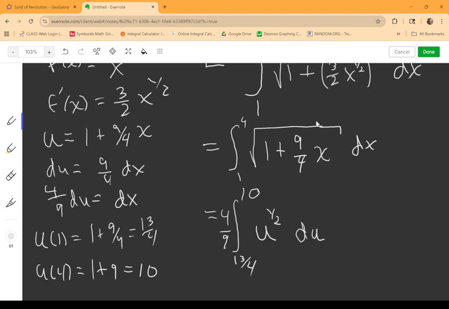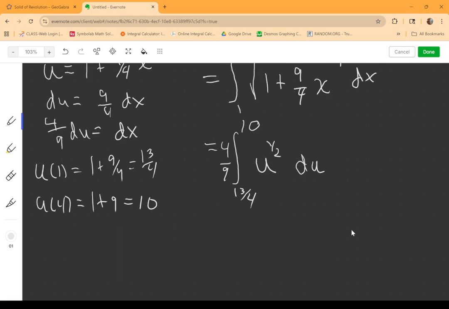Now we have a straightforward integral. We just apply the power rule. Here we get 4/9 u, 1/2 plus 1 gives me 3/2. Dividing by 3/2, or multiplying by the reciprocal, is the equivalent operation, evaluated at 10 and 13/4.